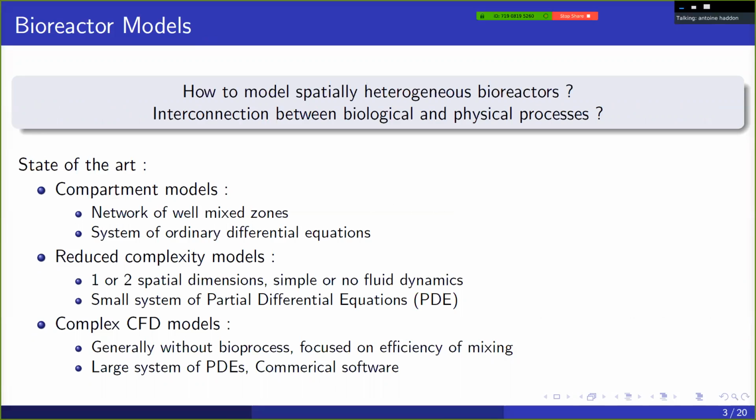There are three types of models here that have been developed. The first types of models developed were compartment models. So the bioreactor is considered to be made up of zones that are well mixed, and so the bioreactor is seen as a network or an interconnection of well-mixed zones.